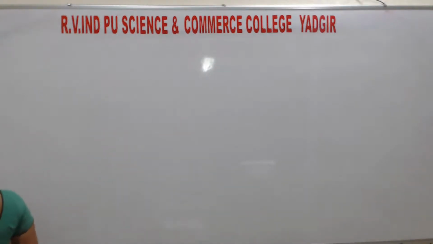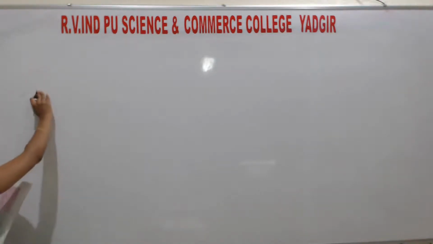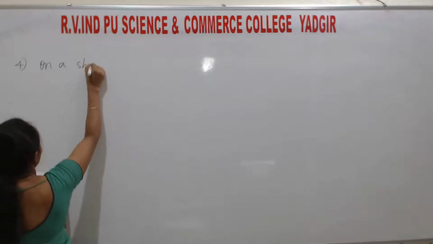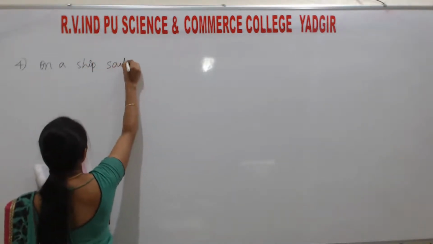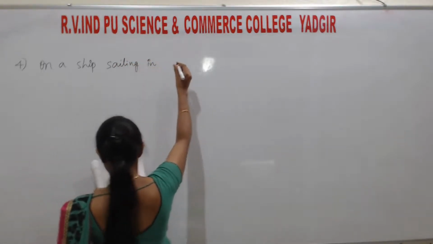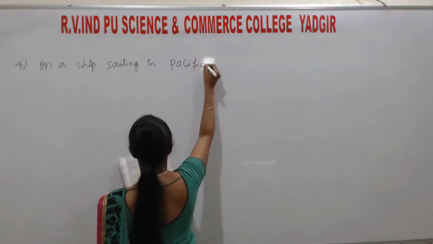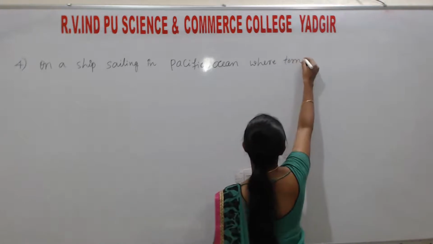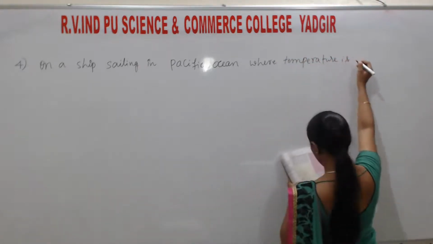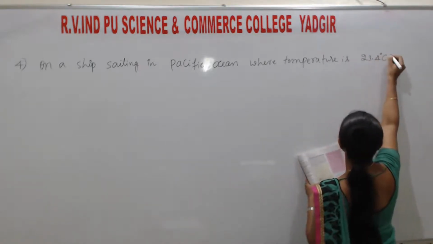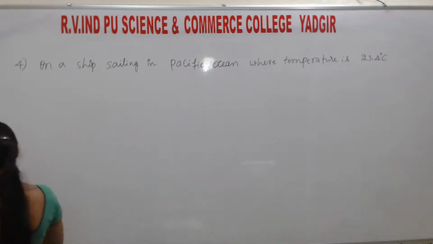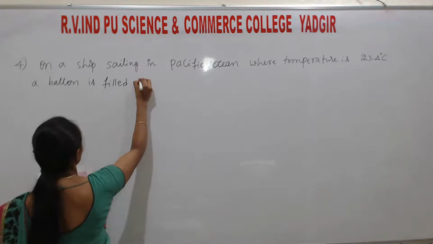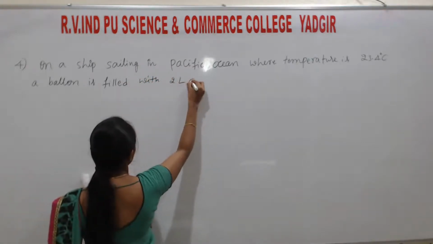Next one. Fourth problem. On a ship sailing in the Pacific Ocean, where the temperature is 23.4 degrees Celsius, a balloon is filled with 2 liter air.